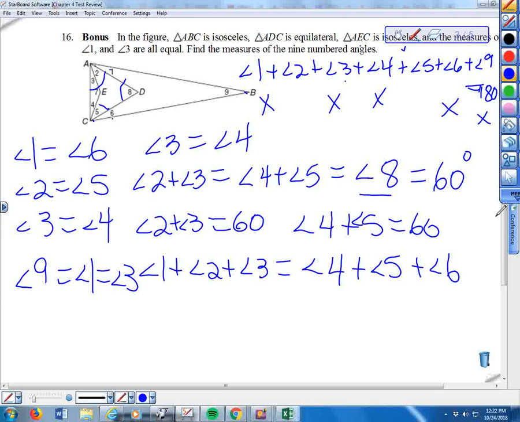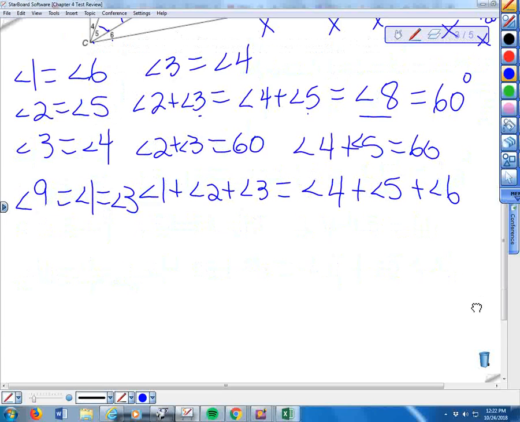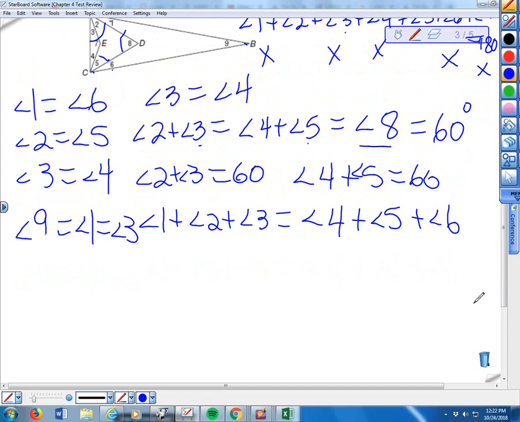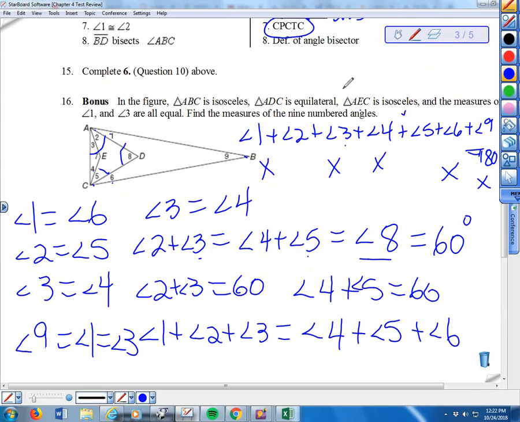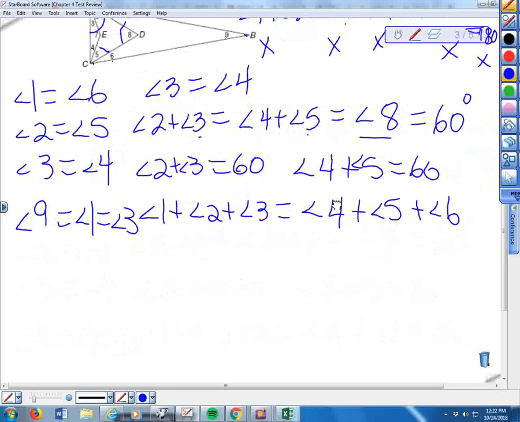Well, we know 2 plus 3 is equal to 60. We know 4 plus 5 is equal to 60. So if I'm going to call 3 x, I could say 2 plus x is 60. Or sorry, angle 2. So angle 2 is equal to 60 minus x.